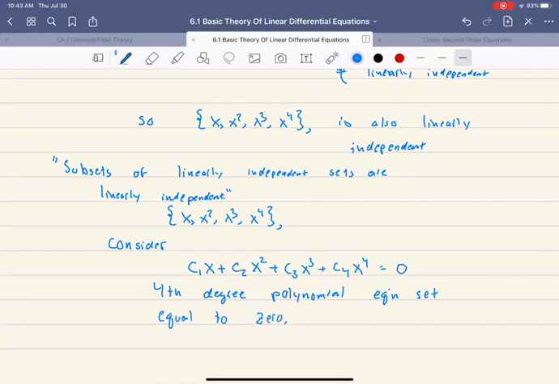And if you remember from college algebra, that means that this has at most 4 roots. So we cannot set this identically equal to 0. It can only be 0 at 4 places. So that means we can't find these c1, c2, c3, c4 to set that equal to 0.